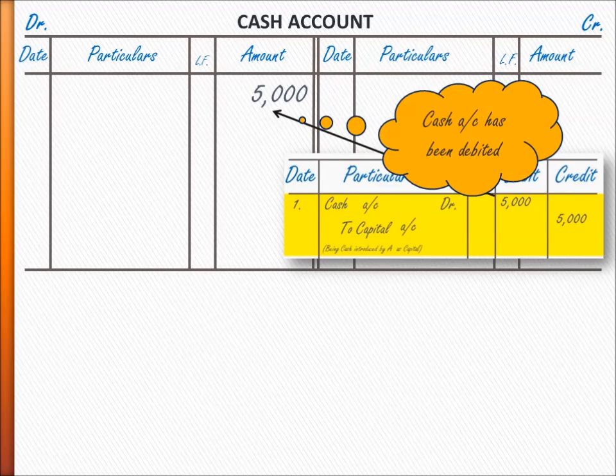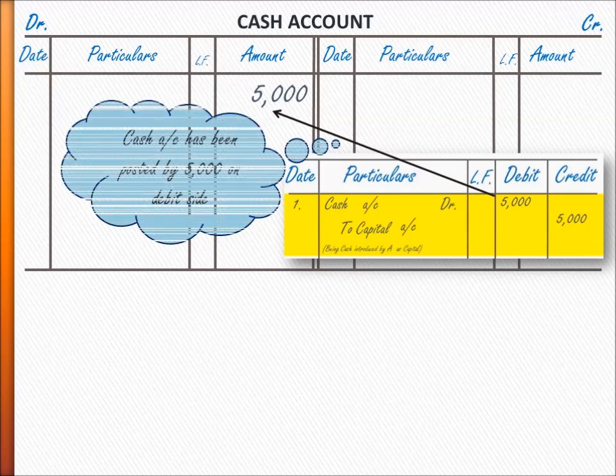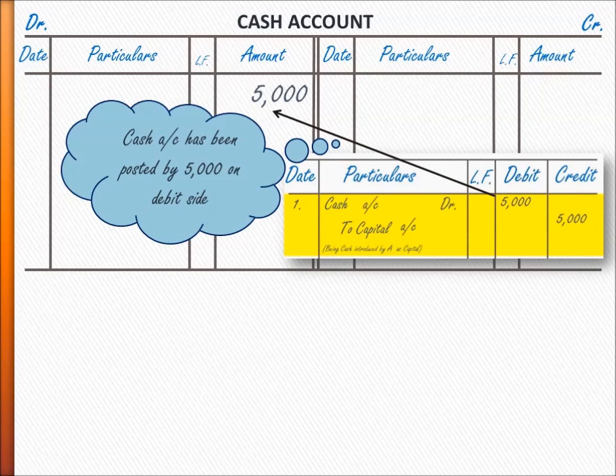So the journal entry is saying debit cash account by rupees 5,000, and in ledger posting we have done the same thing. We have written down rupees 5,000 on the debit side in the amount column in cash account. It means cash account has been debited by rupees 5,000, or cash account has been posted by rupees 5,000 on the debit side.